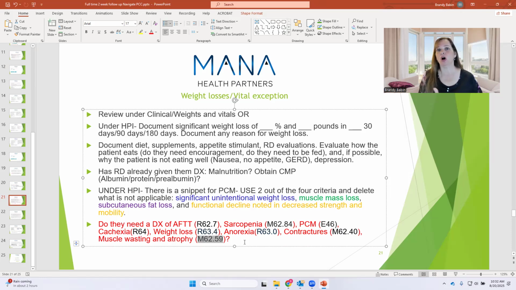Well, she had all these other risk factors. She had anorexia and wouldn't eat. We tried to give her appetite stimulants. She had contractures. She was a quadriplegic. So she had muscle mass wasting or muscle wasting and that sort of thing. So these are very important diagnoses. If they don't have them, do they need them?